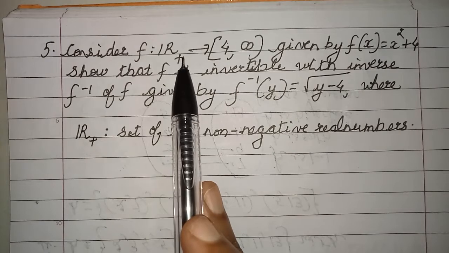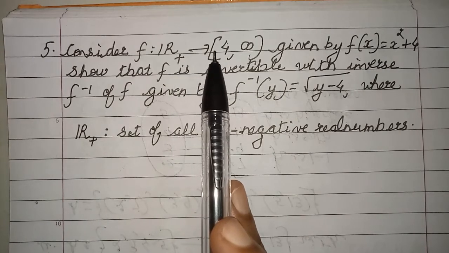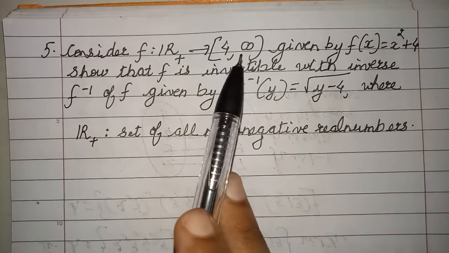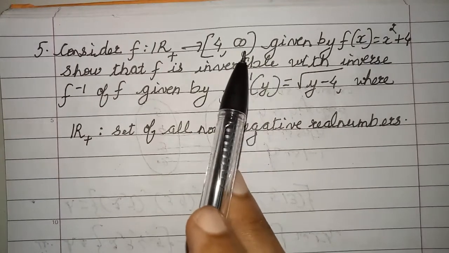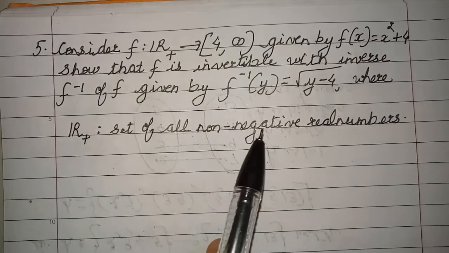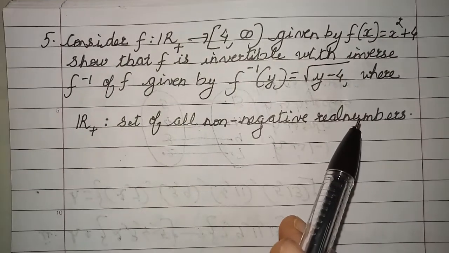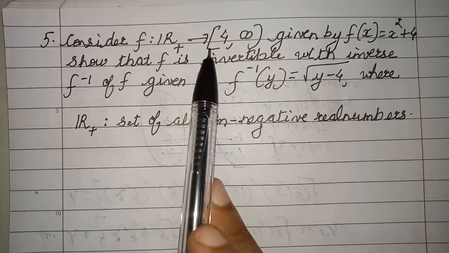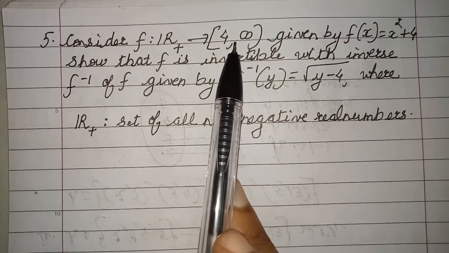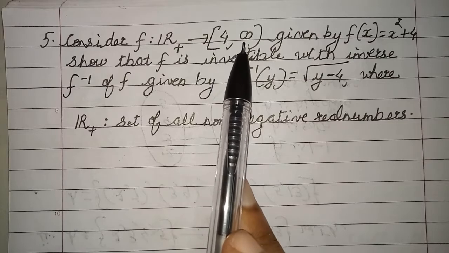R plus. So it is from R plus to the interval 4 comma infinity. From 4 onwards you have all positive real numbers on this side, in the codomain. R plus is the set of all non-negative real numbers, and for infinity these are also positive numbers, 4 and more than 4.